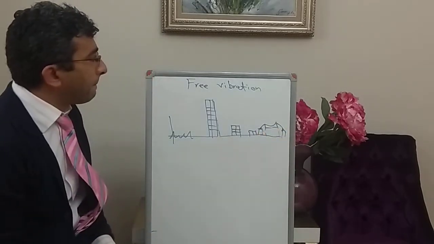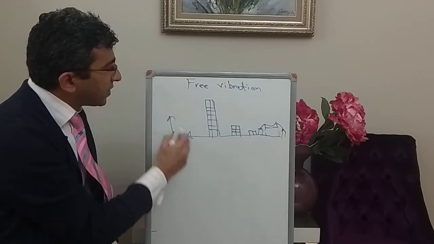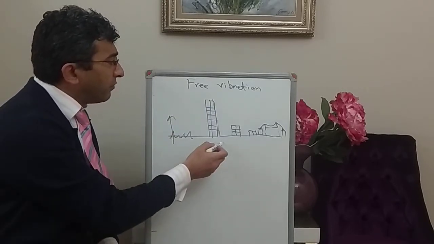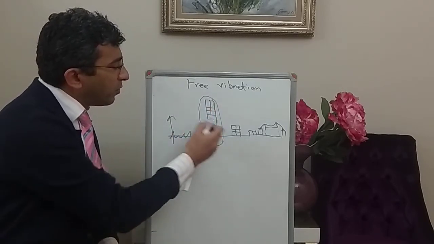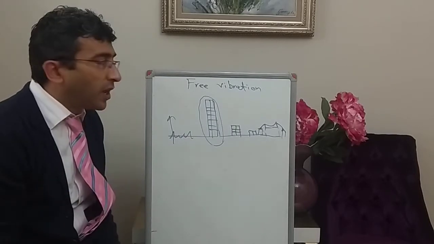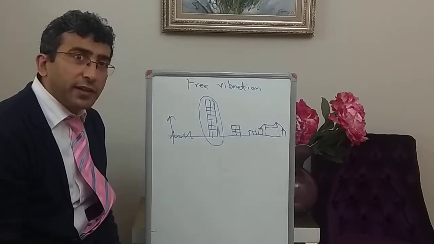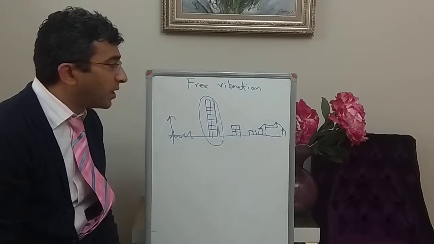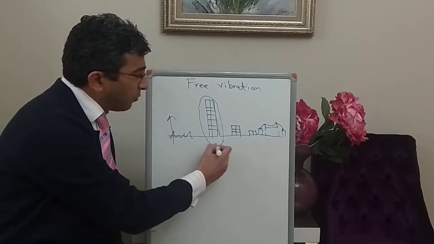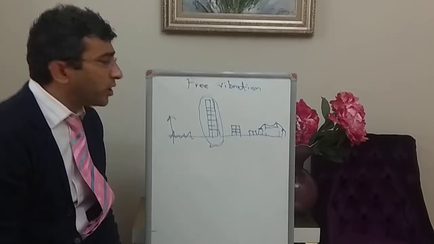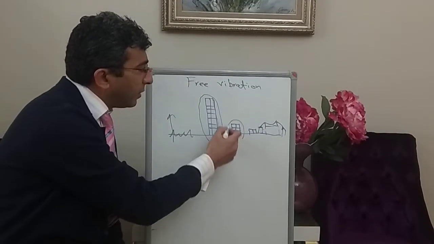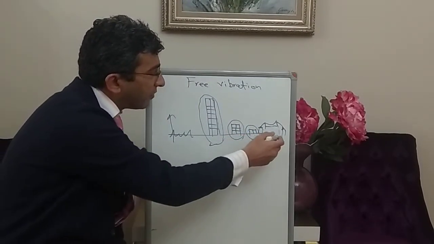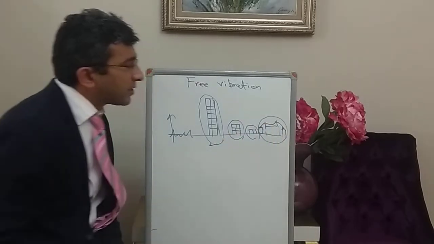For these types of structure, before you know the response against dynamic loads, engineers should first find the free vibration characteristics of these buildings. You should find the mode shapes and the natural periods. So every building has its free vibration characteristics.